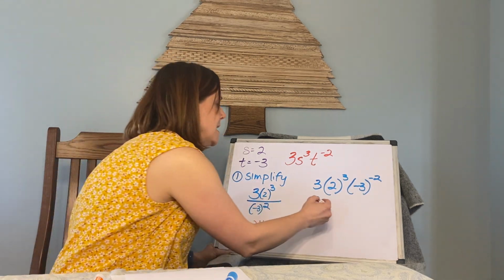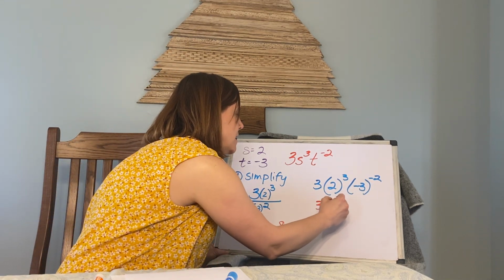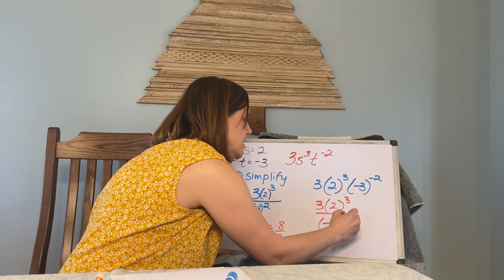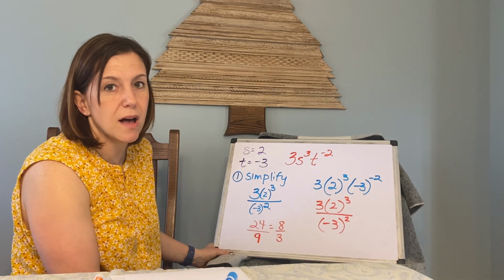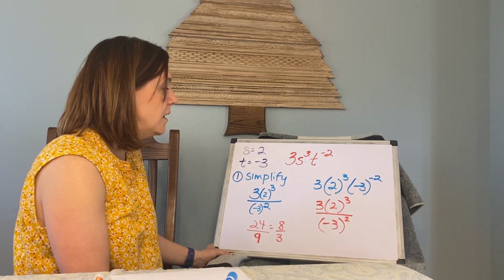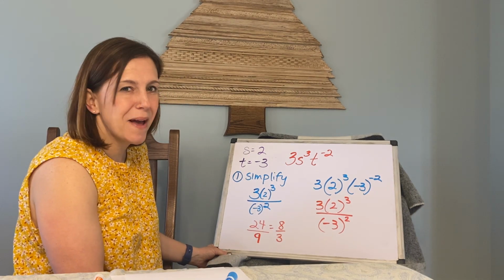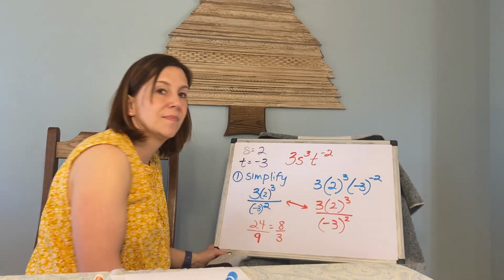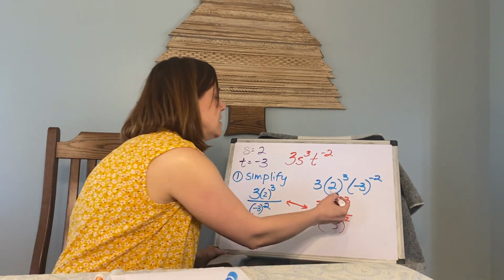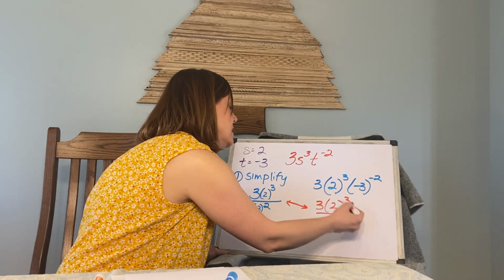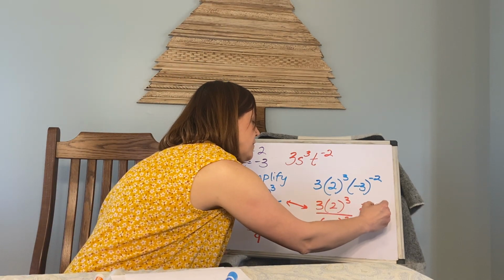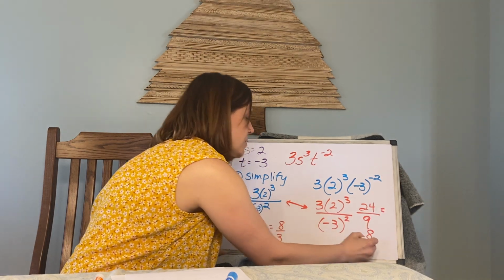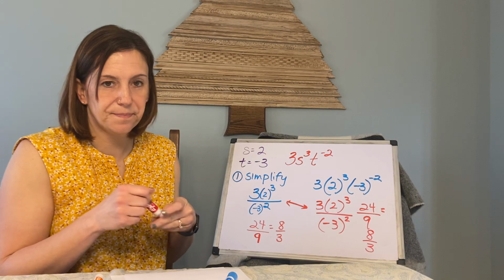Well, I know that means that negative 3 gets bumped down and now it has a positive power of 2. So you'll notice that depending on what I do first, I'm still going to end up at the same exact spot. Order of operations, 2 cubed is 8, times 3 is 24, over 9, reduce it to be 8/3.